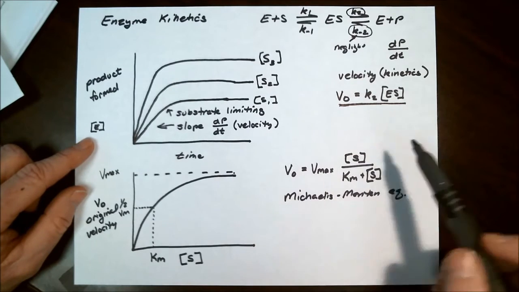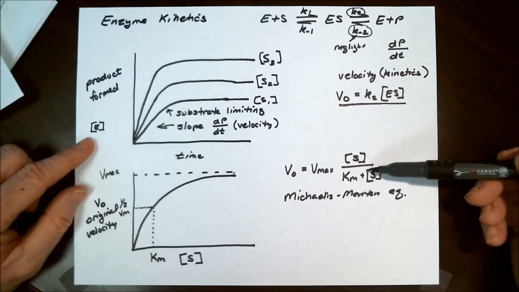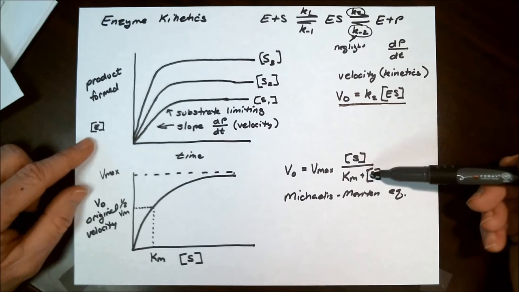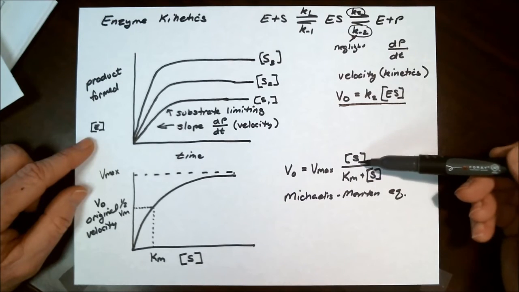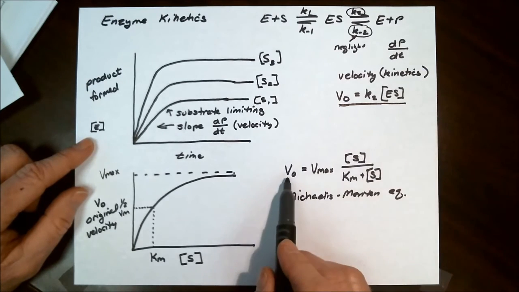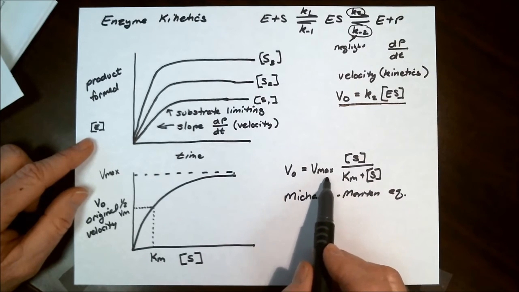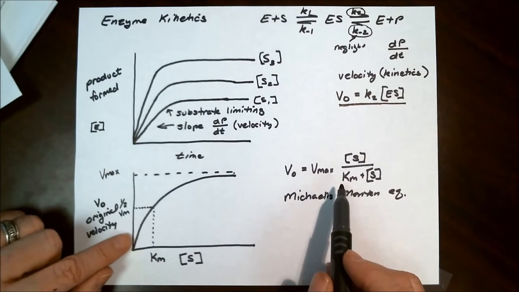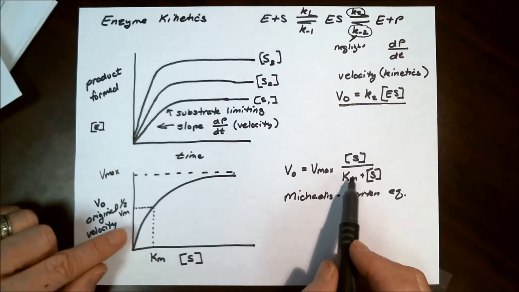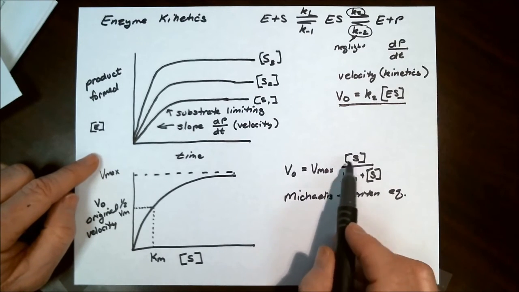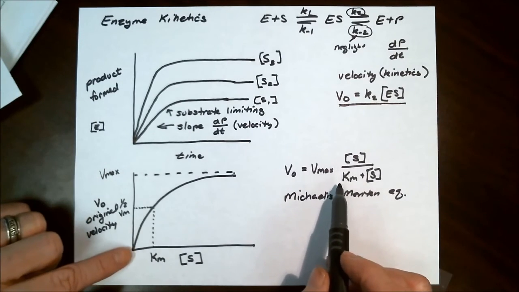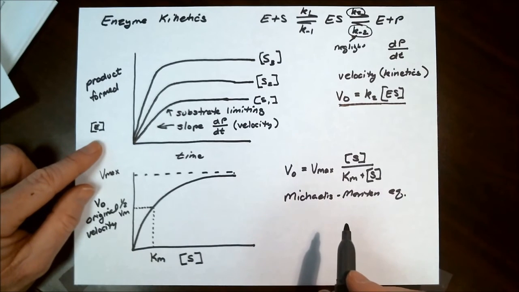So if we write the equation this way, we see that if the substrate is very, very small, the velocity will be a fraction of Vmax, essentially down here. It will be dependent largely not on the substrate concentration, but on the Km.